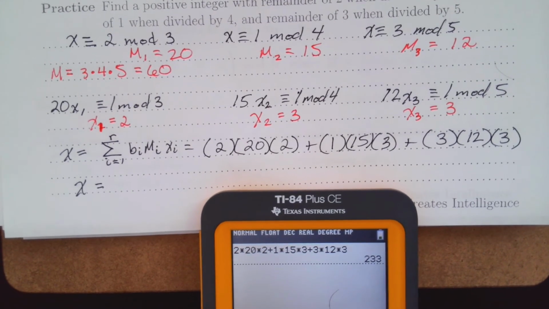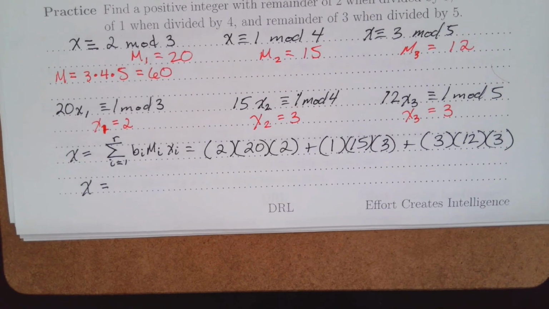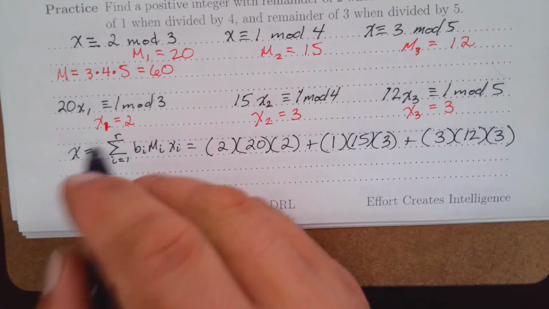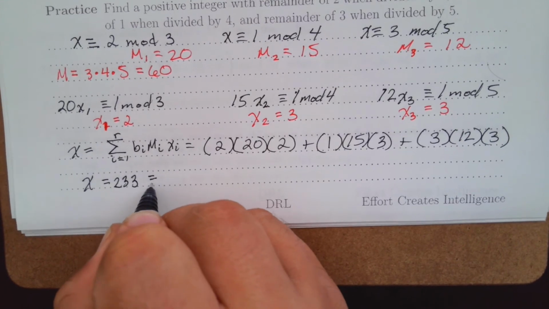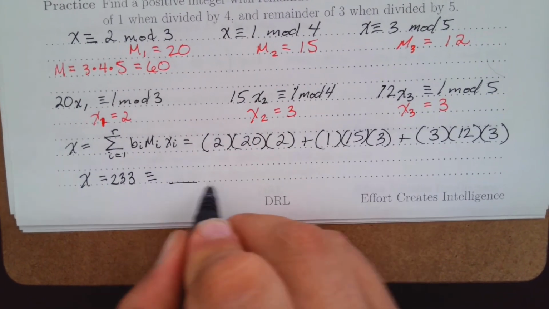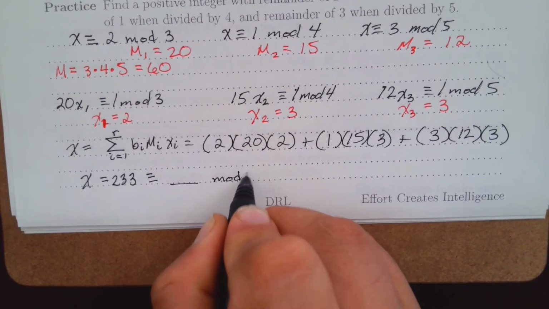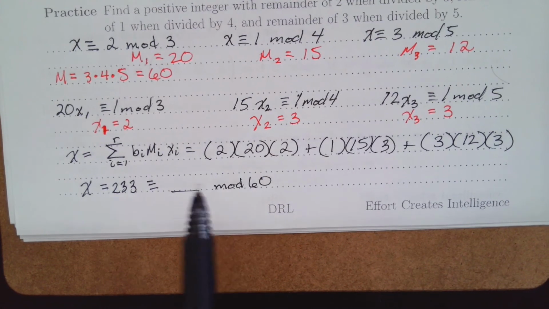And that gives us 233. So I work with my 233, which is going to be equivalent to something mod 60 if I want my least positive solution.